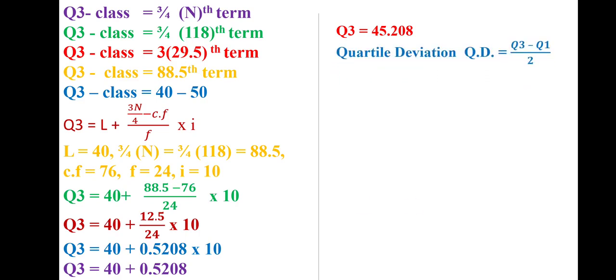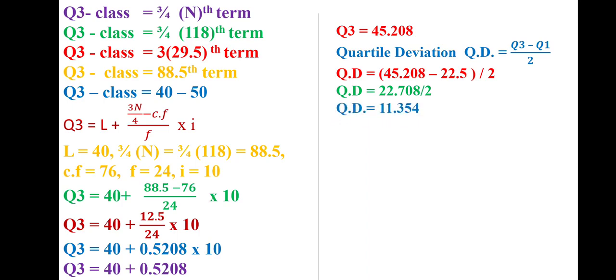Then quartile deviation formula is Q3 minus Q1 divided by 2. We know Q3 value as well as Q1 value. Q3 value is 45.208. Q1 value 22.5. So 22.708 divided by 2. Then simplify, 11.354. This is quartile deviation.